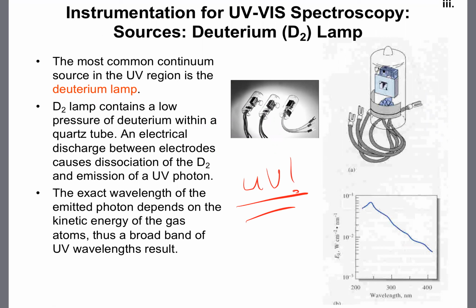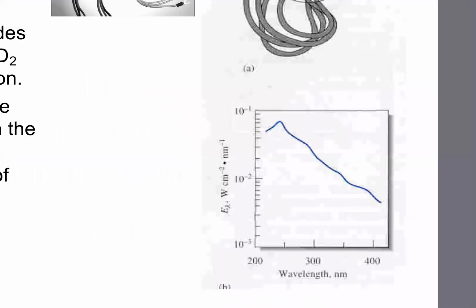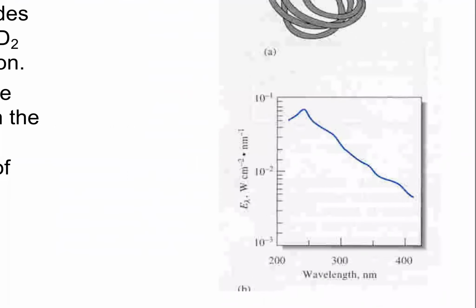Your book will tell you a little bit more about the operation of it, but what I want to focus on is the spectrum, which is down here at the bottom. This is 200 nanometers, this is 400 nanometers. This is all in the UV, not even in the visible at all. I also want to point out that this is a log scale, not a linear scale.